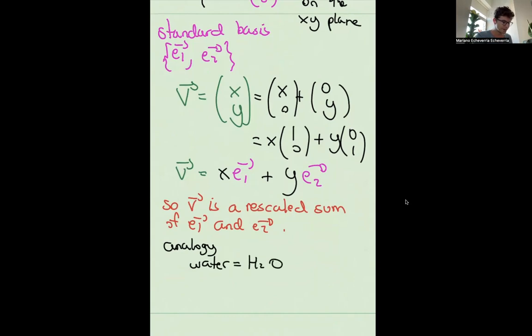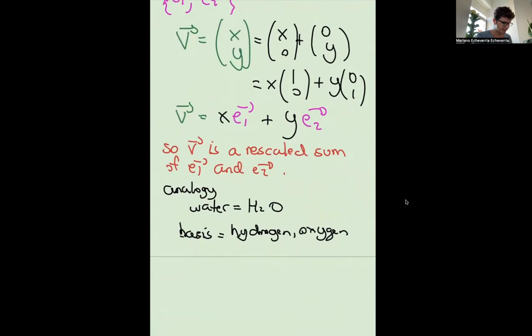Here the basis would be hydrogen and oxygen. So you're saying water is 2 times hydrogen, plus 1 times oxygen. That's giving water as a combination of hydrogen and oxygen.